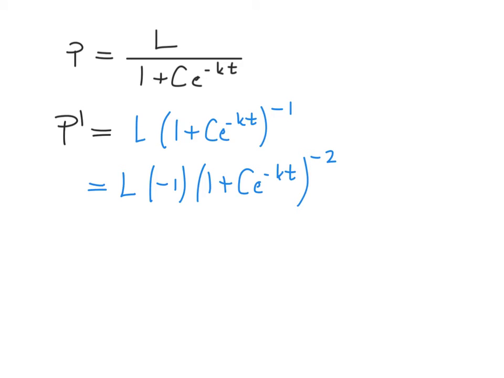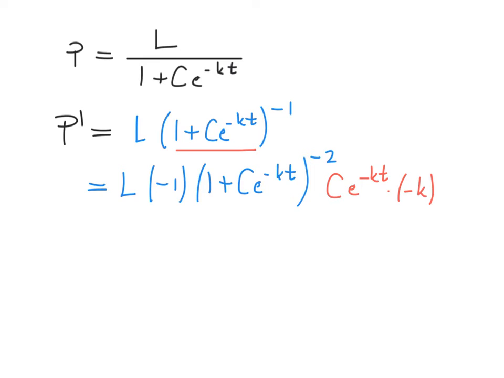And now we have to take the derivative of the inner function, which is essentially 1 plus this. 1 is a constant, goes away, so we'd be left with c times e to the minus kt, because it's an exponential function. And then we just have to multiply the whole thing by minus k.